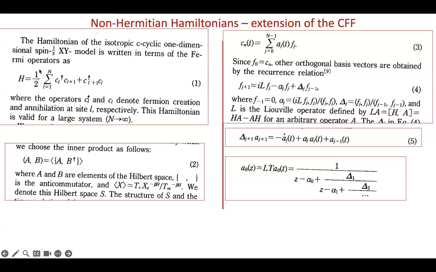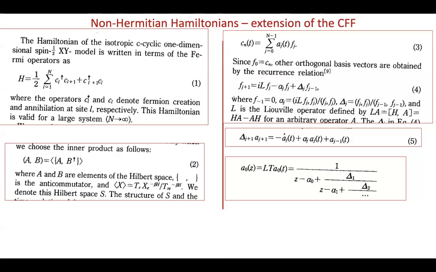But coming back, what Hong had done in this paper, which I showed you last time, was he took the XY model in the second quantized language and took an infinite system, imposed the scalar product that now involves the anti-commutator, which is appropriate for fermions.